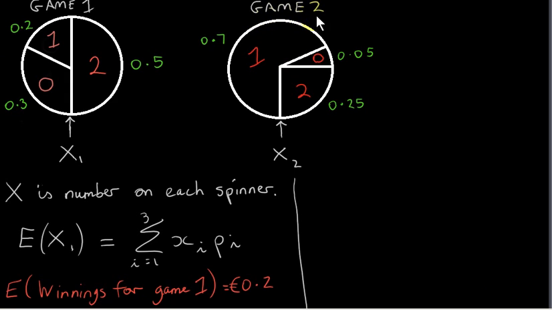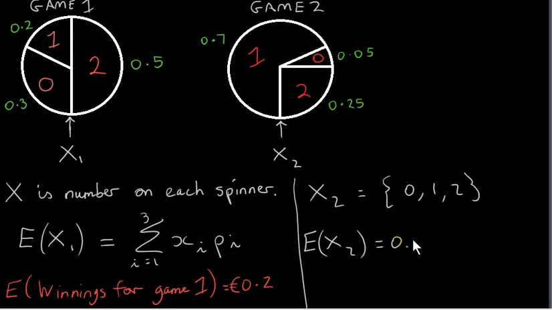Now let's look at game 2. So let x2 be the random variable that takes on the values 0, 1 and 2 with respective probabilities 0.05, 0.7 and 0.25. So I'll write down the values that x2 takes on, and we can see the corresponding probabilities in green. So if we want the expected value of x2, we just multiply each value that x2 takes on by its corresponding probability.